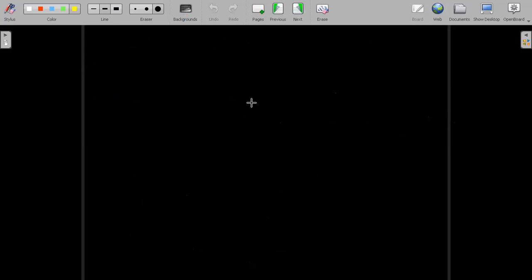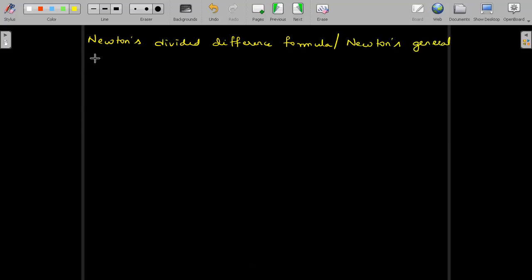It is called Newton's divided difference formula, or Newton's general interpolation formula. Why the word general?